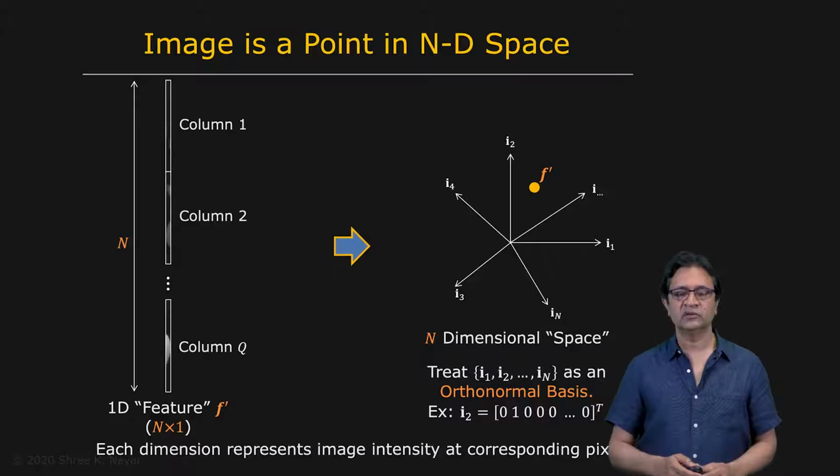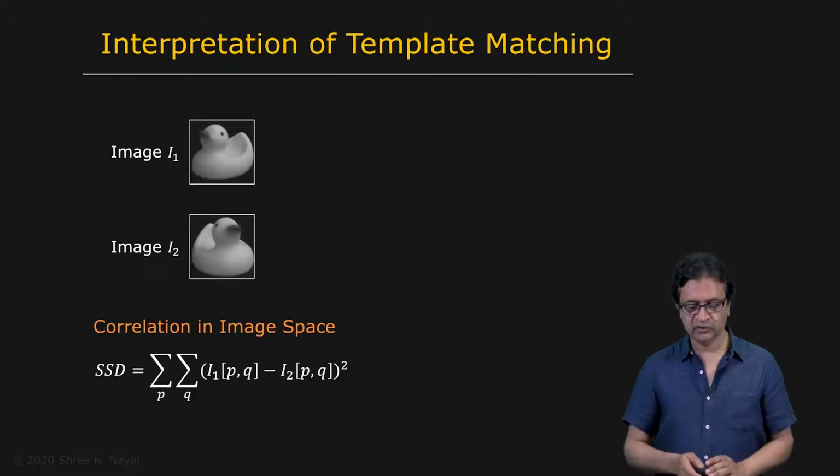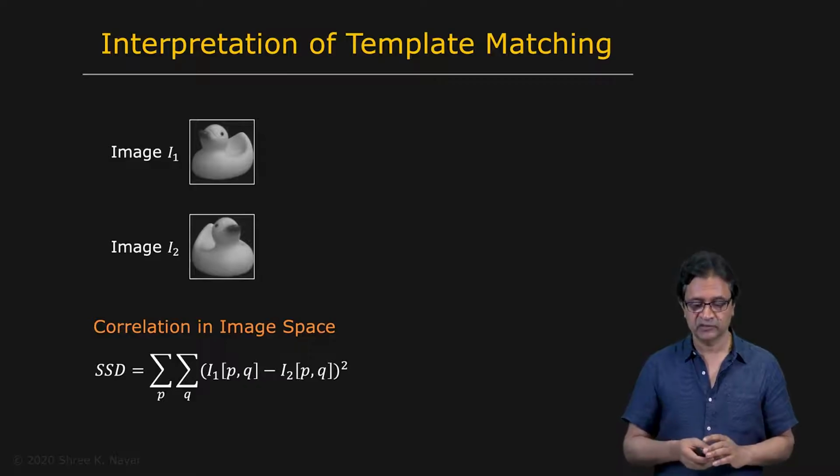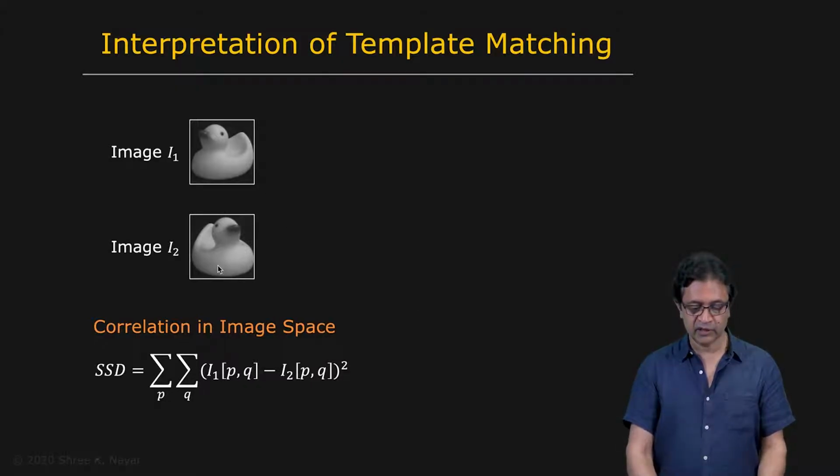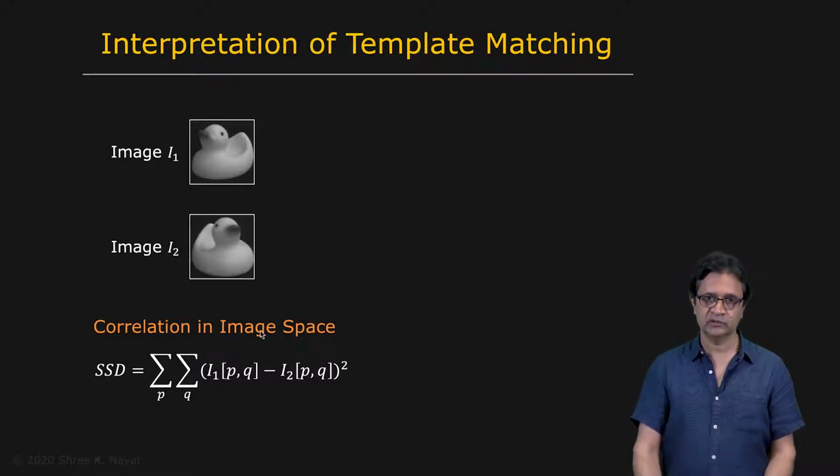And now this also gives you a slightly different perspective on template matching, which we've discussed before. So what is template matching? In the case of template matching, the way we've described it before, you have two images, I1 and I2, and template matching is done by finding the correlation between these two images.